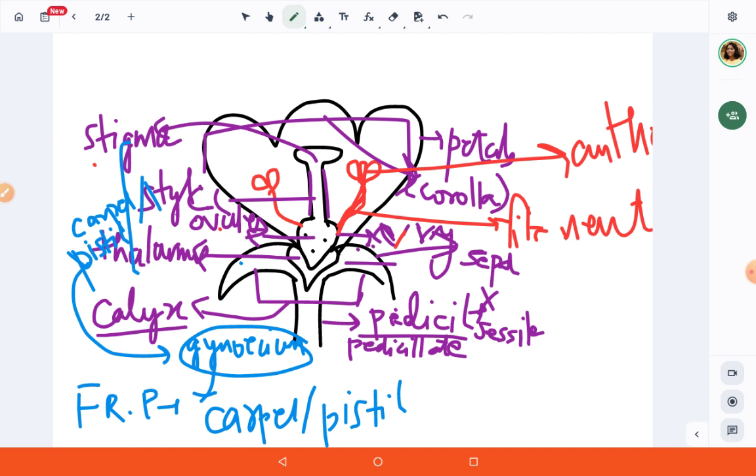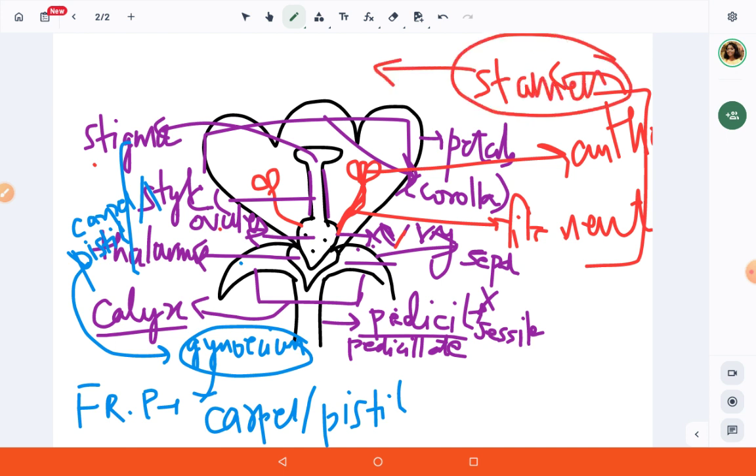Again, one more thing has to be remembered: the male reproductive part is called the stamen, and a group of stamens we call the androecium. So this was about your whole diagram. These are the main things.